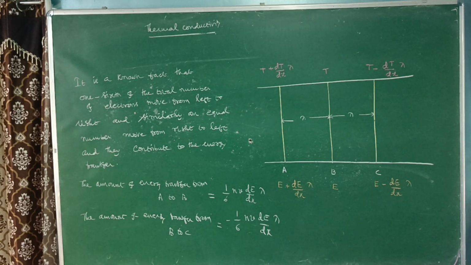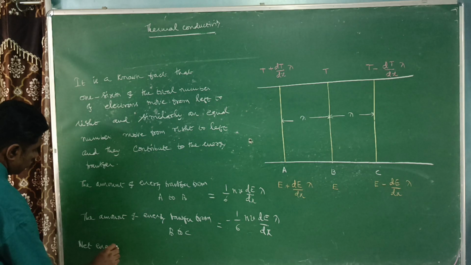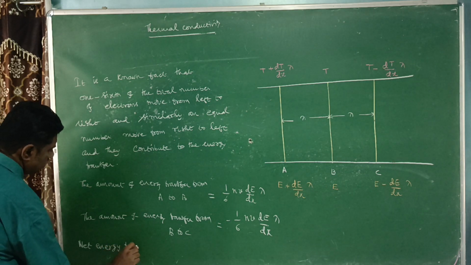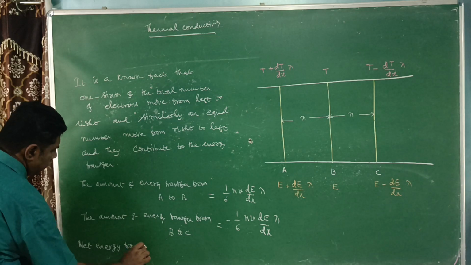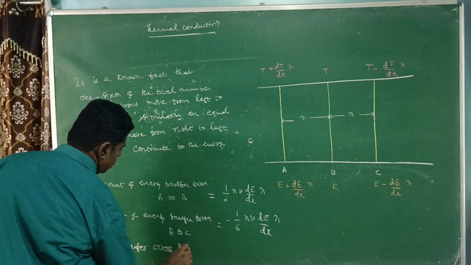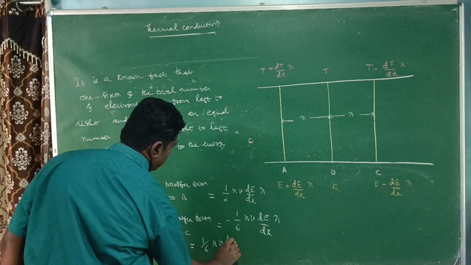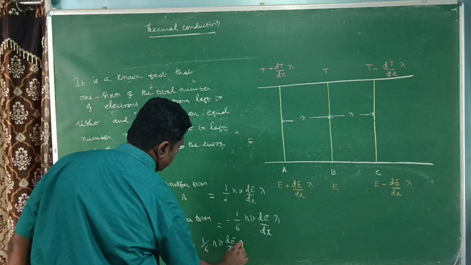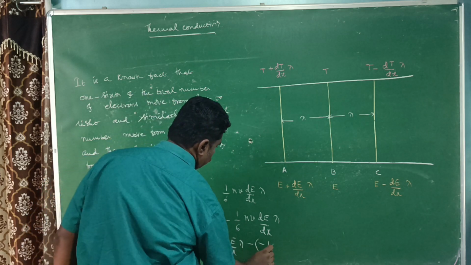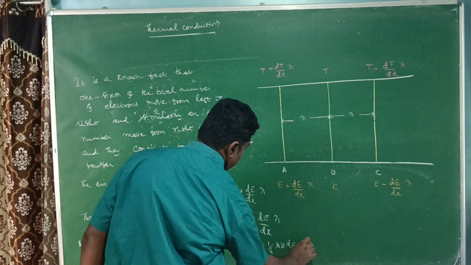Now the net energy transfer across B is equal to 1/6 nv dE by dx into lambda minus of minus 1/6 nv dE by dx into lambda.